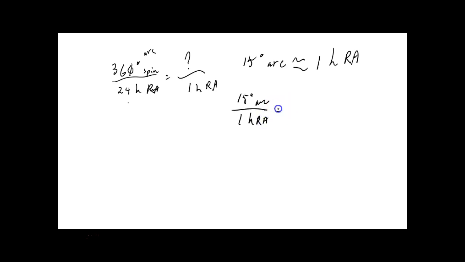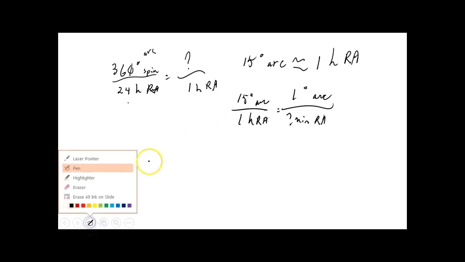But the question is, how many minutes of right ascension are equivalent to 1 degree of arc. So you set up your proportion that way. Wait, you can't quite do that because this is minutes, that's hours.